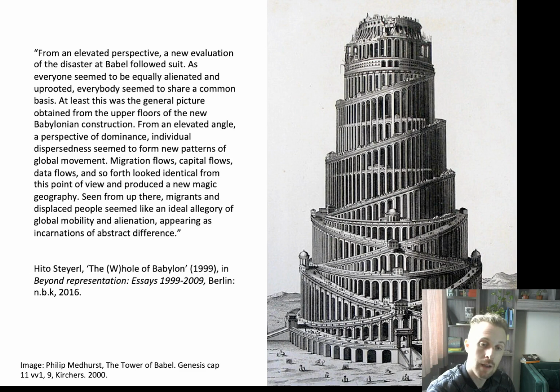From an elevated angle, a perspective of dominance, individual dispersedness seemed to form new patterns of global movement. Migration flows, capital flows, data flows, and so forth looked identical from this point of view and produced a new magic geography. Seen from up there, migrants and displaced people seemed like an ideal allegory of global mobility and alienation, appearing as incarnations of abstract difference."